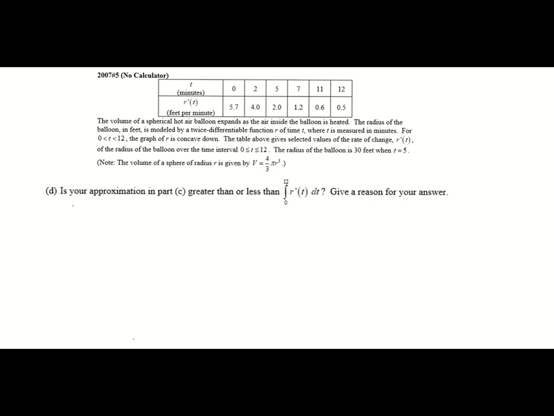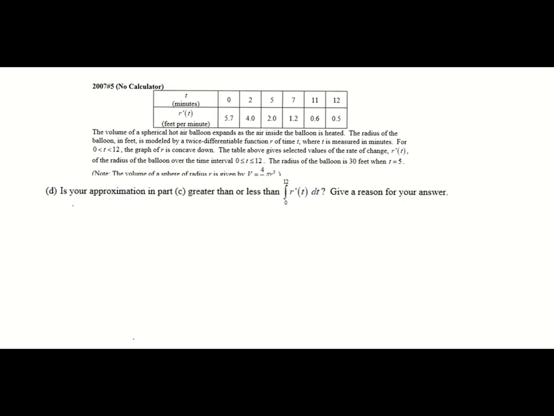Like for the first interval from 0 to 2, the smaller number is 4. We use that number instead of 5.7. So we would answer that our estimate is going to be less than the true value for the integral from 0 to 12 of r prime of t dt.